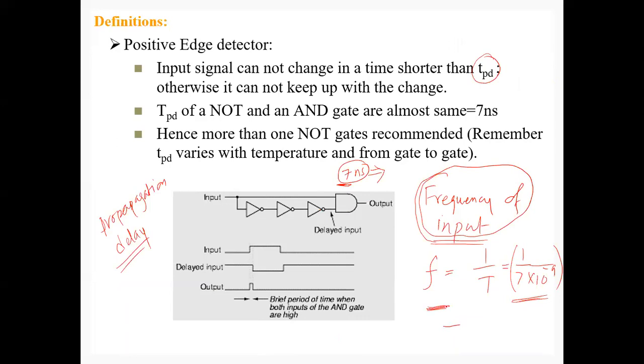How fast the signal changes, high to low or low to high, that's the frequency. So you cannot have the frequency here bigger than the corresponding frequency of 7 nanoseconds. What is the corresponding frequency of 7 nanoseconds? Given by this. So you cannot have the frequency here bigger than the corresponding value of 7 nanoseconds.